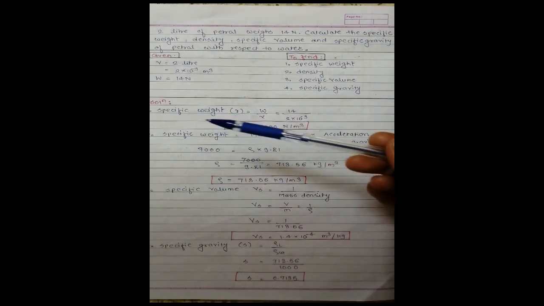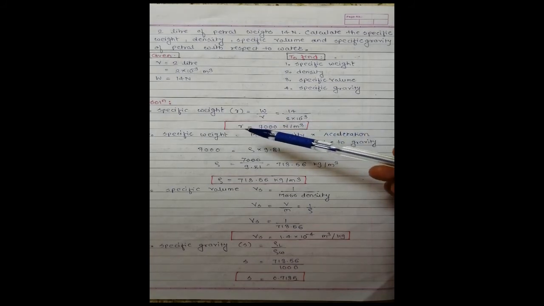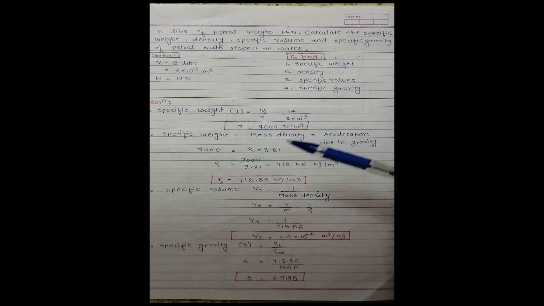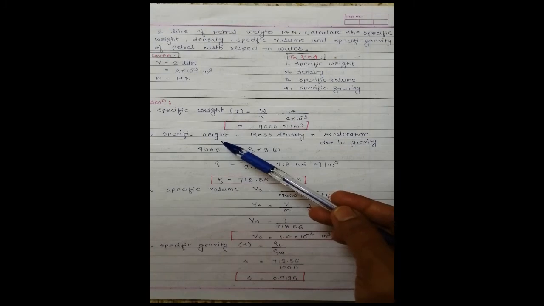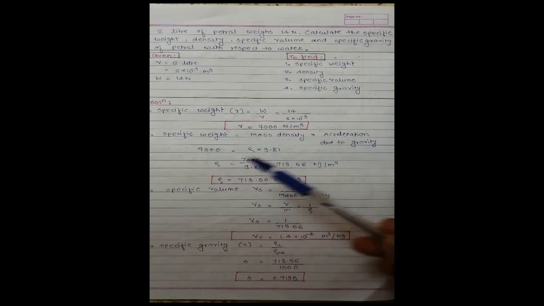Here specific weight is gamma, that is equal to weight upon volume. We can simply find this by substituting the values of weight and volume, and the answer is 7,000 Newton per meter cube. Specific weight is equal to mass density into acceleration due to gravity.